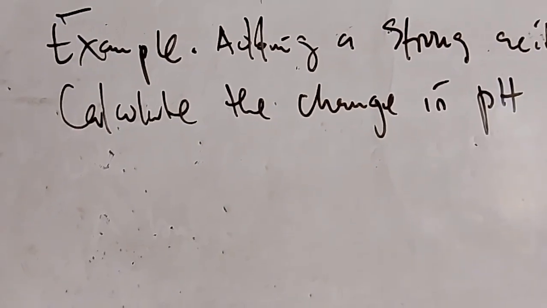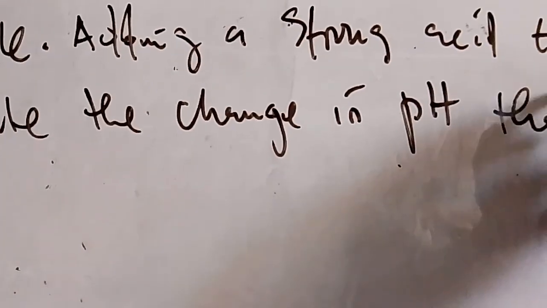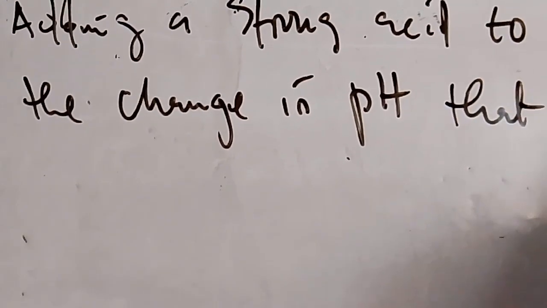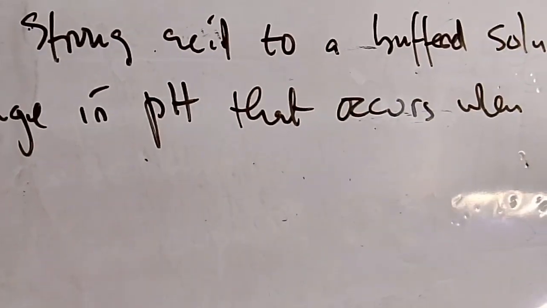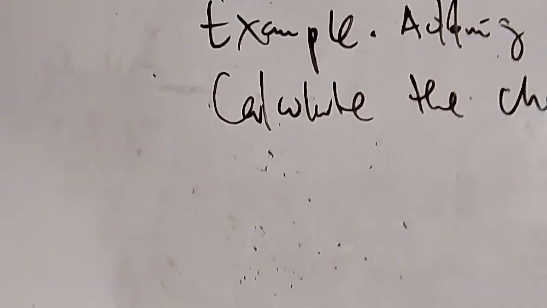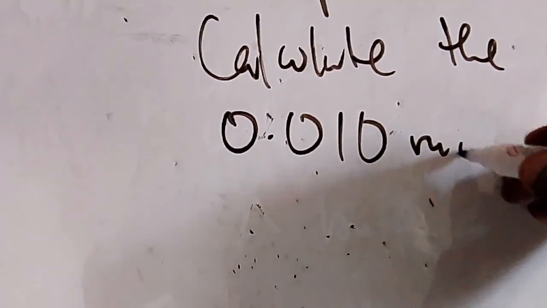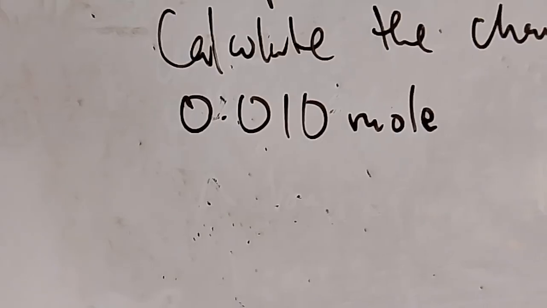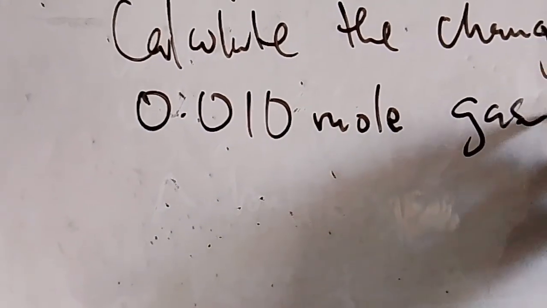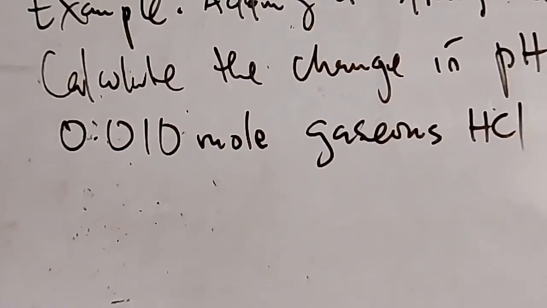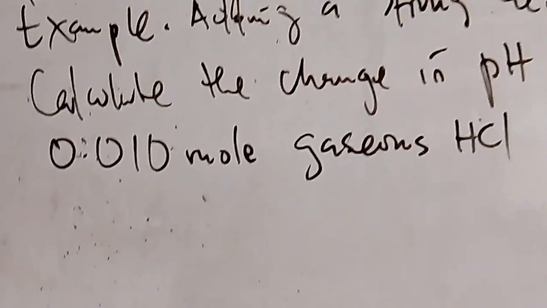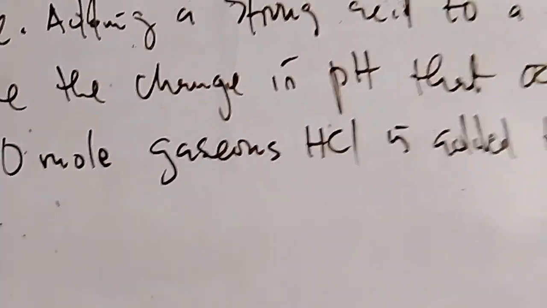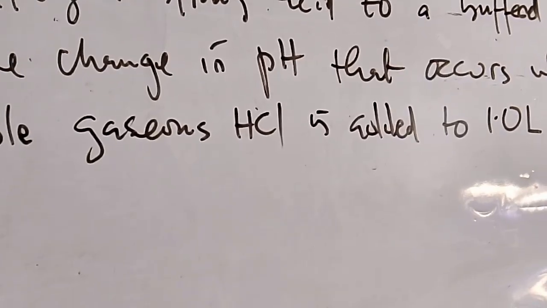Calculate the change in pH that occurs when 0.010 mole of gaseous HCl is added to 1.0 liter of each of the following solutions.